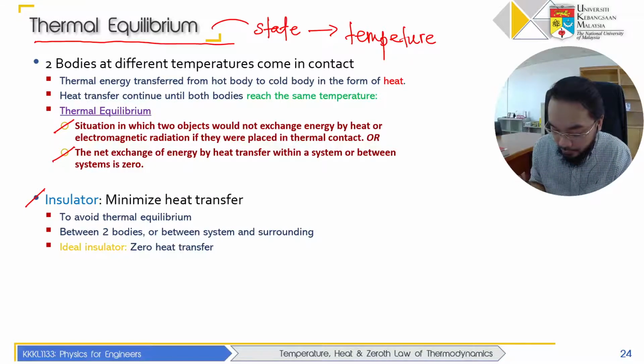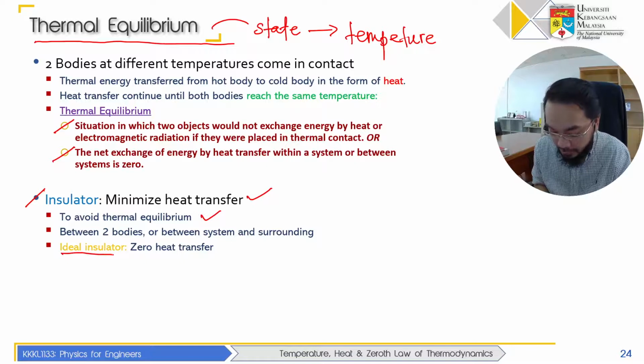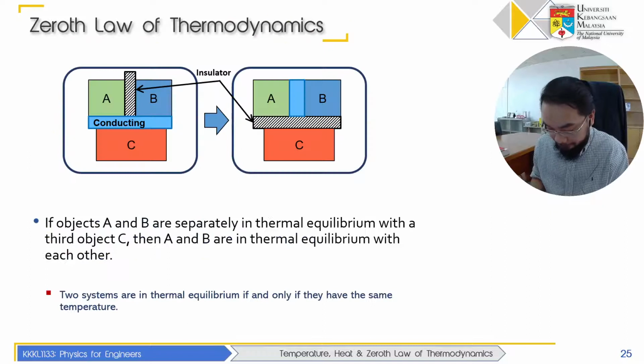An insulator minimizes heat transfer, and we use insulators to avoid thermal equilibrium. We don't want heat exchange between two bodies. An ideal insulator would have zero heat transfer, which does not exist in the real world, but there is something very, very close to an ideal insulator.